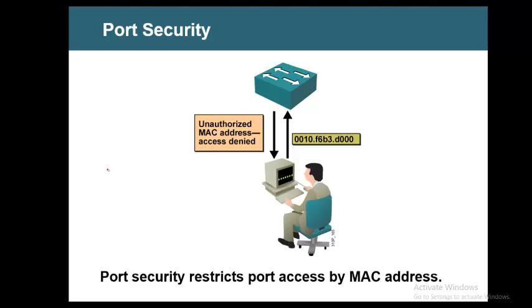When I enable port security, the first thing I need to do is configure that port as access or trunk. Repeating again, you cannot enable port security on a port which is dynamic auto.